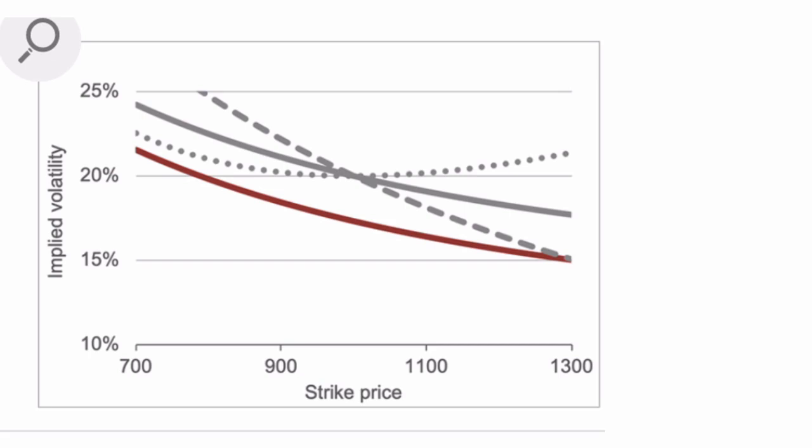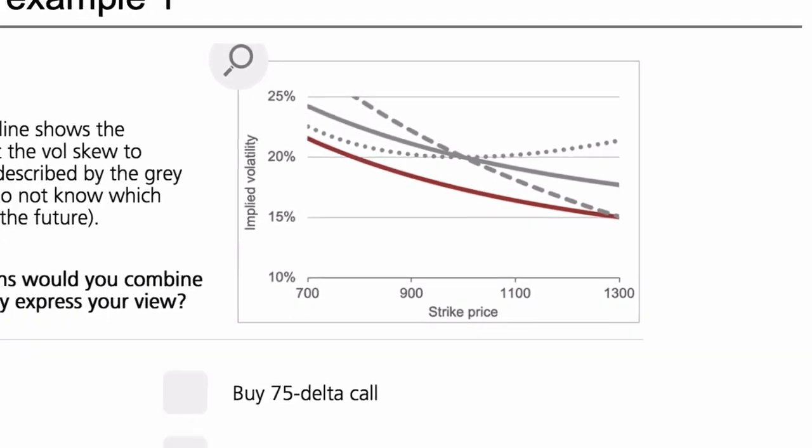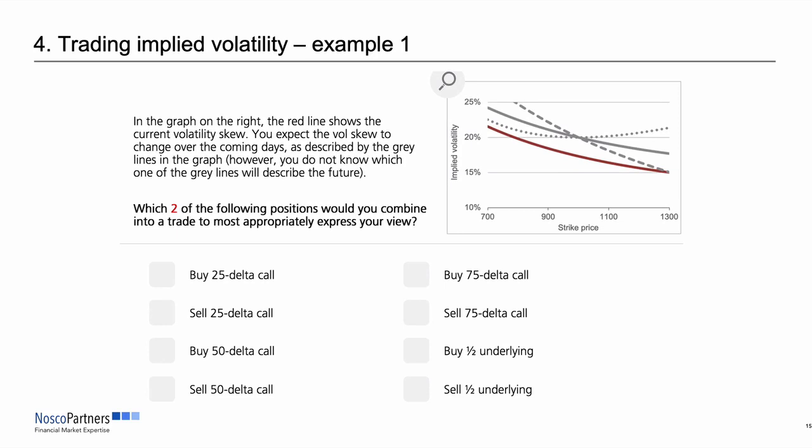Now it seems that your view is that the general level of volatility is going to go up, but you have no view whether the skew will increase or decrease, or whether the kurtosis will increase or decrease. Trading the pure general level of implied volatility is best done by trading at-the-money options.